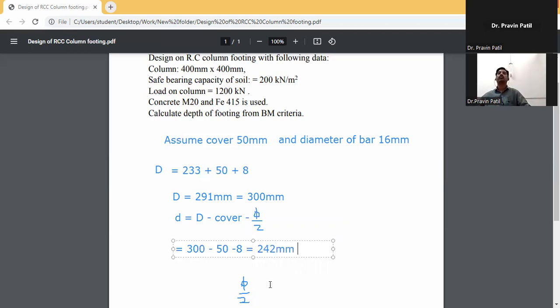Actual effective depth. I will note down this value also. Small d is equal to 242 mm.